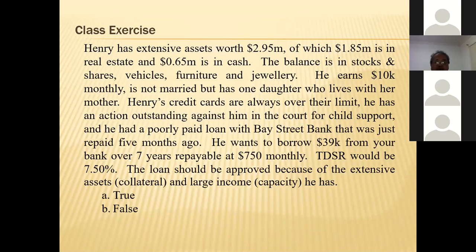So he has the capacity, because the total debt service ratio is less than 10%, 7.5%. It makes you wonder why, I mean, sometimes with child support, they do it to spite the baby mama or the baby daddy, because the reverse could happen as well.